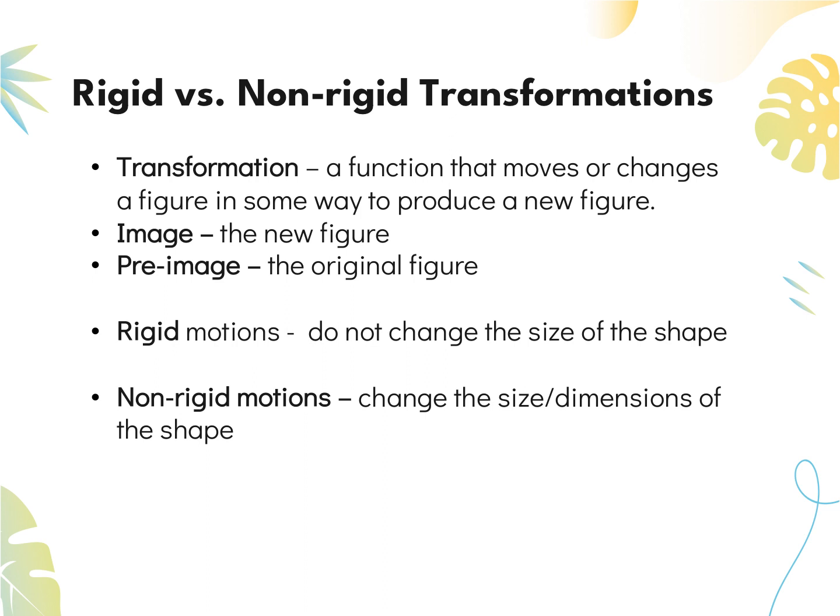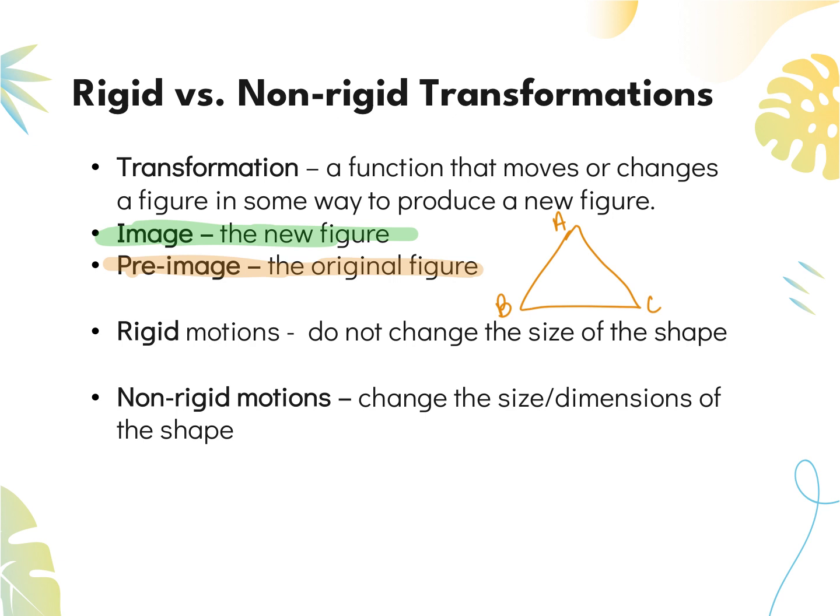So I'm going to give you an example. So this is my original figure, and I'm going to draw it for you. And then we're going to our new figure. So what does that look like? Here's my original figure. Let's just say we're using a triangle. I have A, B, and C. That's my original figure.